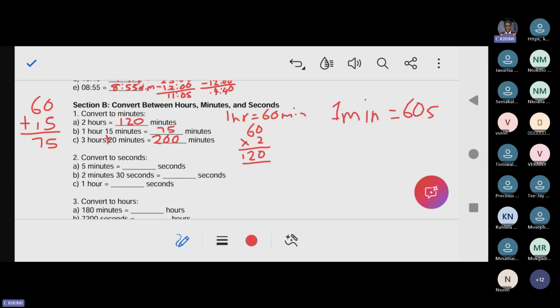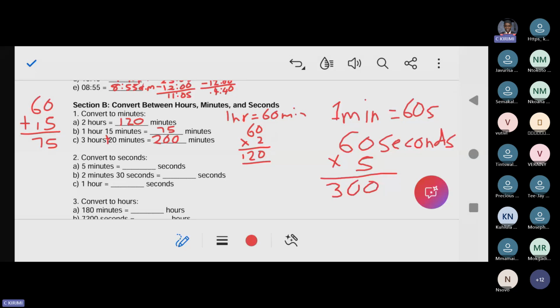So if I want 5 minutes, it's 60 seconds times 5. So what is 60 times 5? If I want my answer in seconds, 60 seconds times 5 minutes, because 1 minute is 60 seconds. 5 times 0, that's 0. 5 times 6, that's 30.